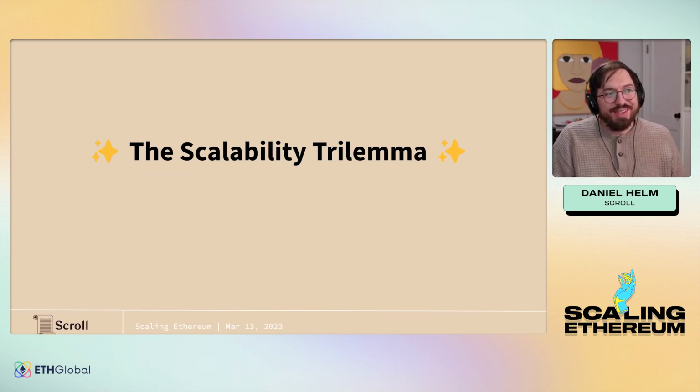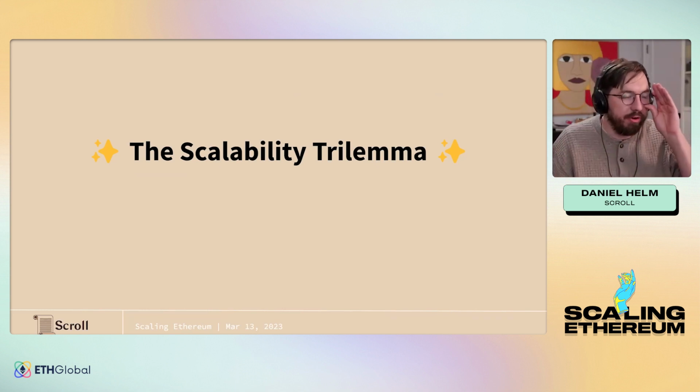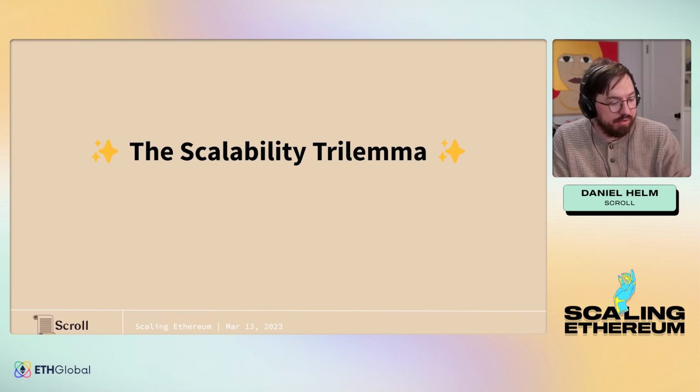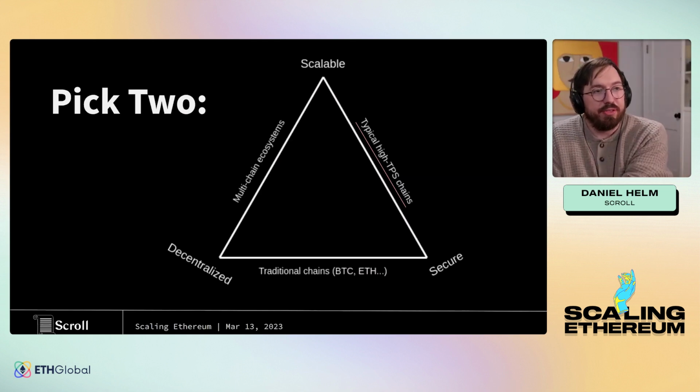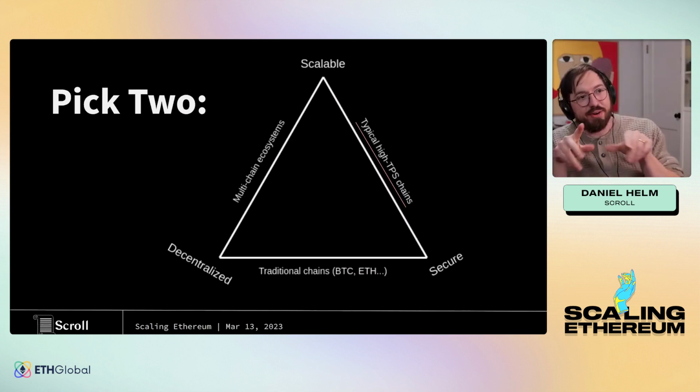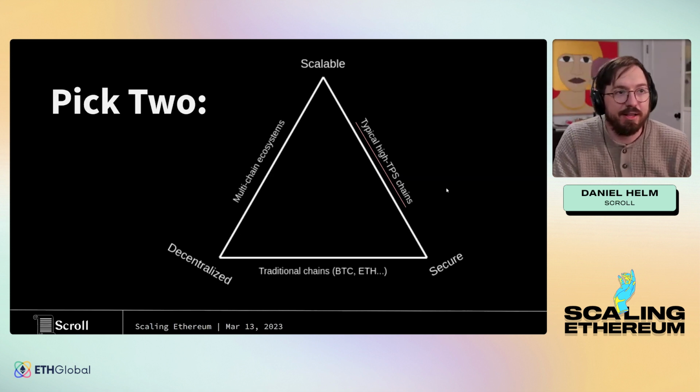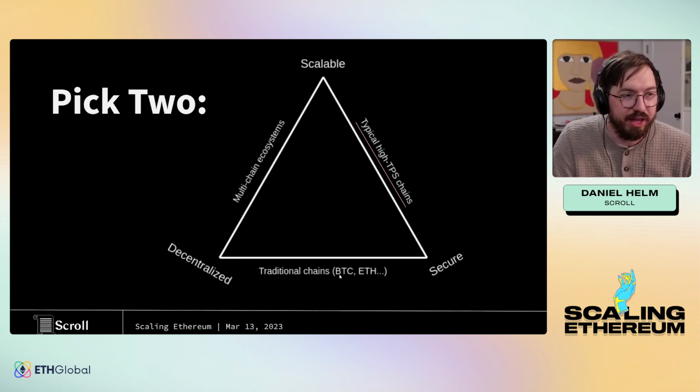So this is a super high level understanding of one aspect of what we call the scalability trilemma. This thing has a name. I'm sure at Scaling Ethereum, you've heard this stated many times. But the general gist of the scalability trilemma is this. You have to pick two of these three items at the tips of the triangle, right? You need to be scalable or secure or decentralized.